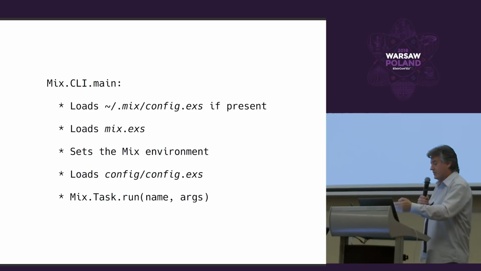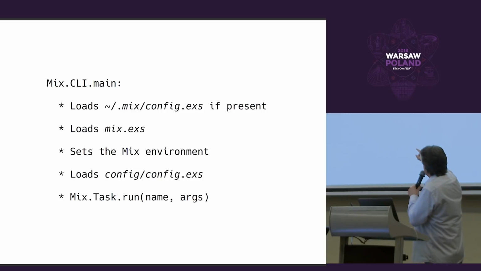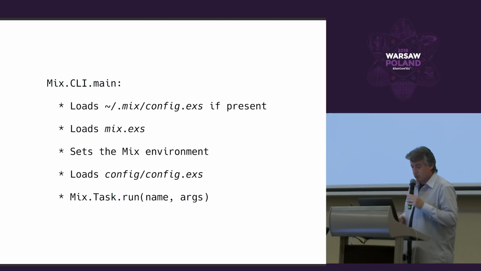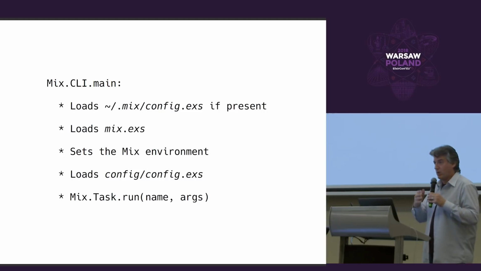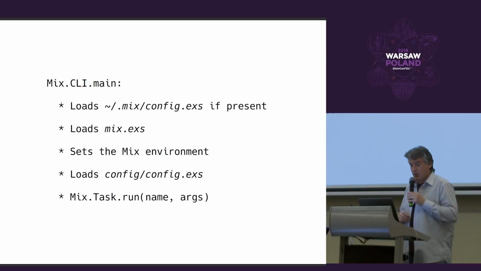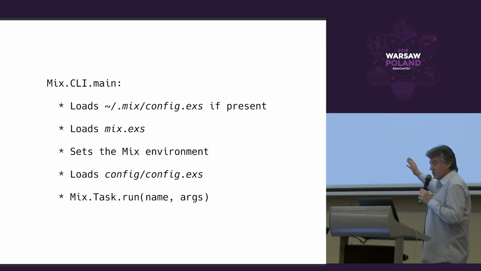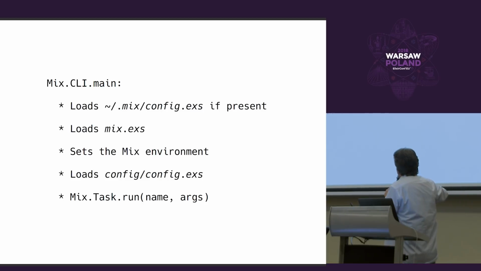So if present, we are loading this config file, you know, in the Mix home. Normally it's not present. Then we load the Mix file itself. Then we set the Mix environment that is going to check the environment variable, in this case the operating system environment variable. We load the configuration in config/config.exs.